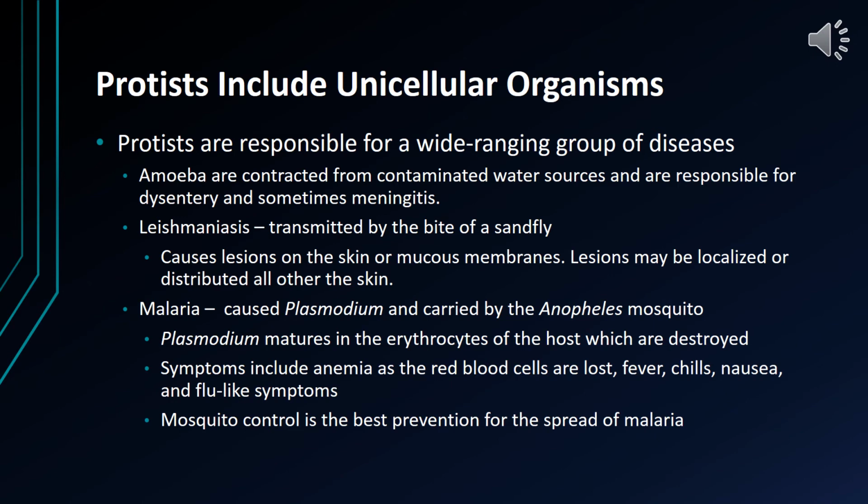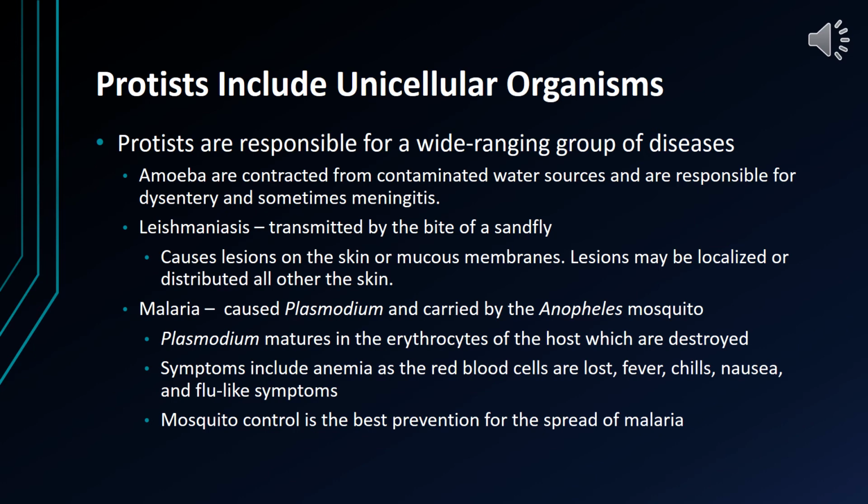And then there's malaria, which is a disease I'm sure you've heard of, and this is caused by a Plasmodium protist carried by the Anopheles mosquito. Plasmodium matures in the red blood cells, or erythrocytes, of the host, and these erythrocytes are destroyed within the host. The symptoms include anemia, as we're killing all these red blood cells, fever, chills, nausea, and other flu-like symptoms.